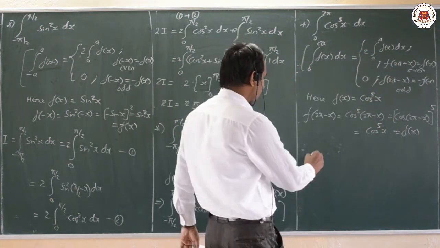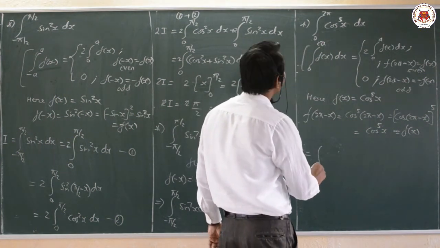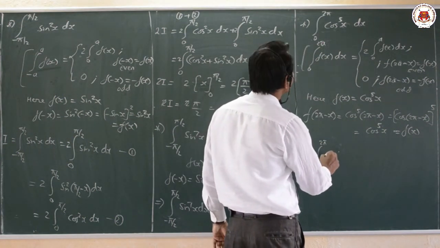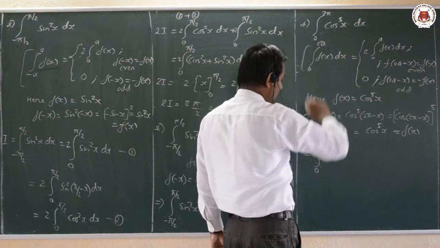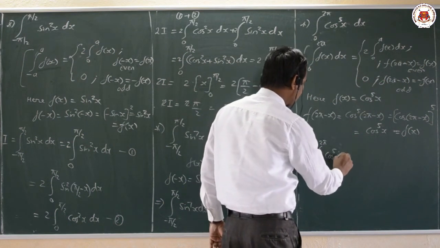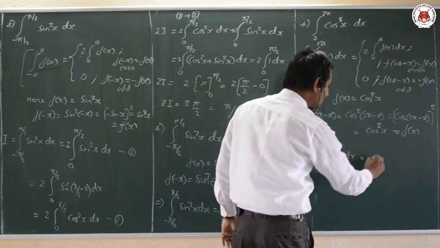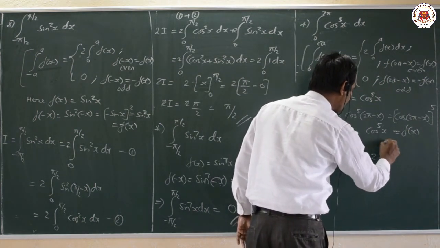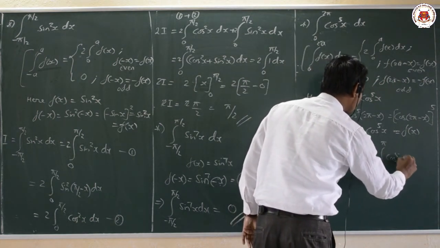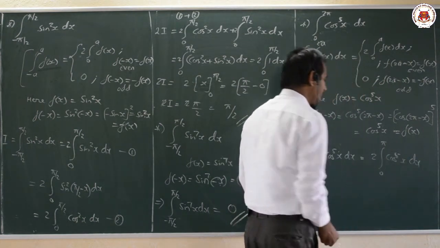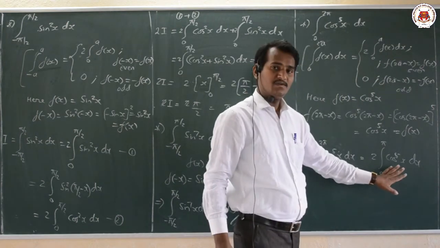Now that implies the integral from 0 to 2π of f(x), cos raised to πx dx, that is I, equals the integral from 0 to π of cos raised to πx dx. Now you can easily solve it. How do we solve this?